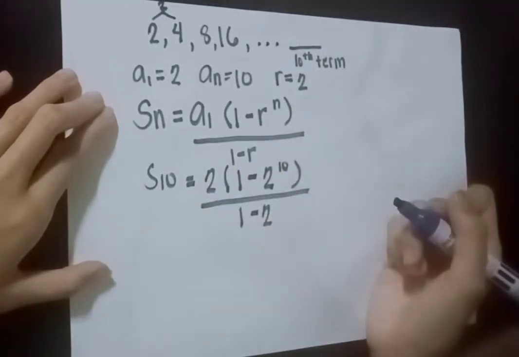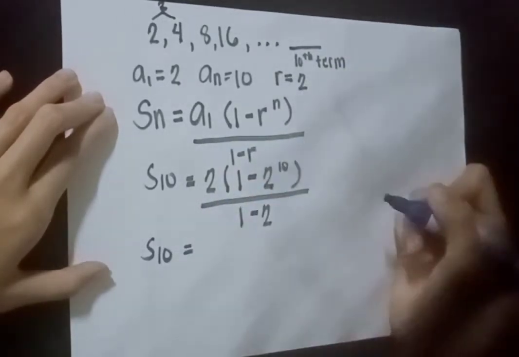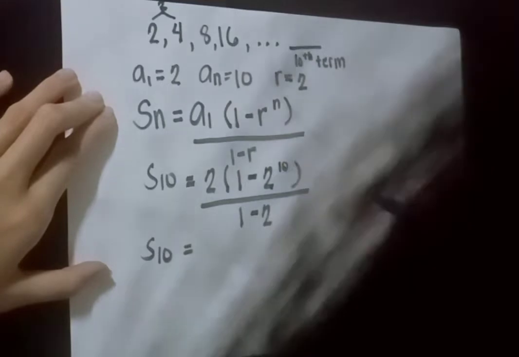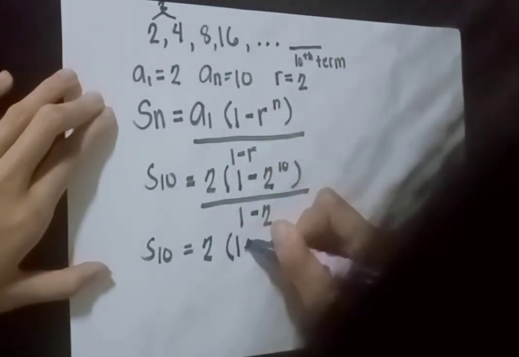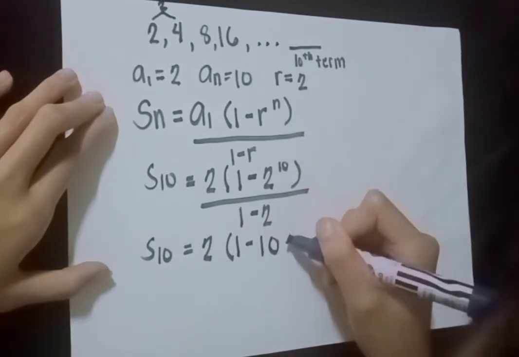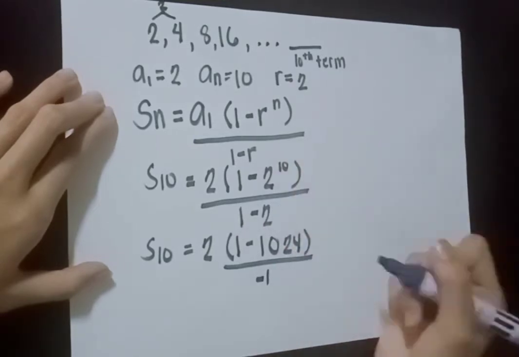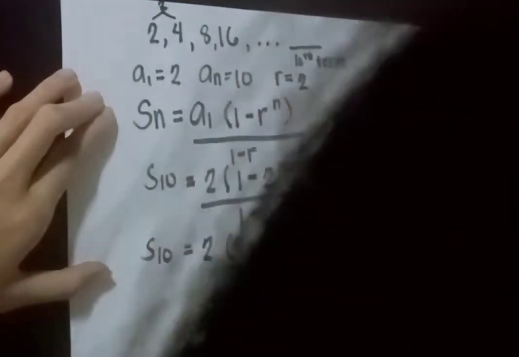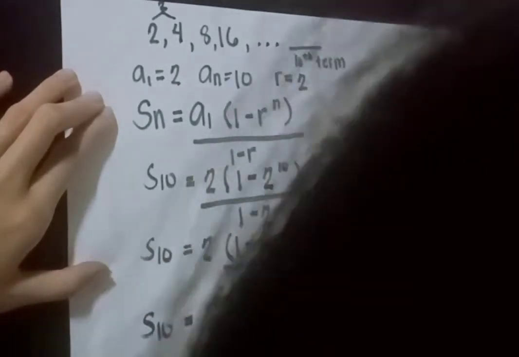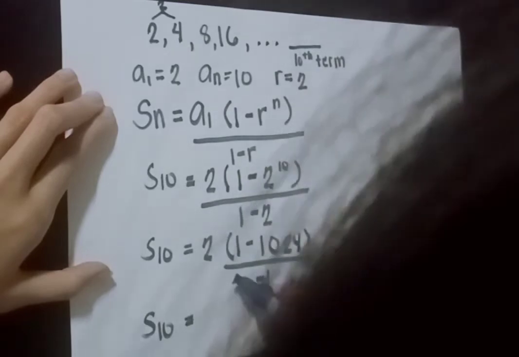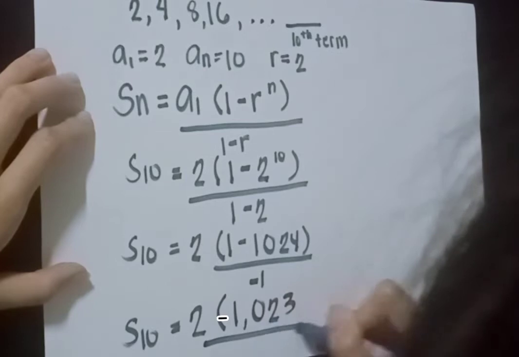Our next step is to focus on the exponent: 2 raised to 10 is 1024. It will become S10 equals 2 times 1 minus 1024, divided by 1 minus 2, which is negative 1. Next, we will answer what is inside the parentheses, which is 1 minus 1024. It will be S10 equals 2 times negative 1023 divided by negative 1.